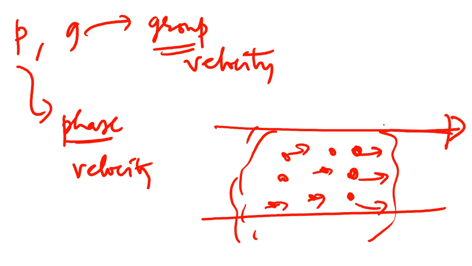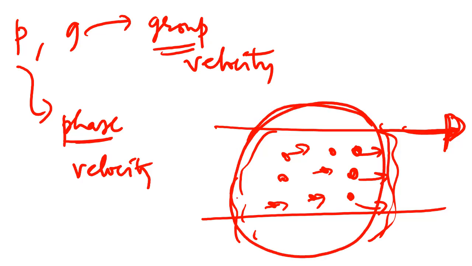I can get a group velocity by looking at the group of marathon runners moving as a whole, but inside, each person has their own velocity. It's a crude way to explain this, but it gives you a very nice physical picture to understand the difference between group velocity and phase velocity.